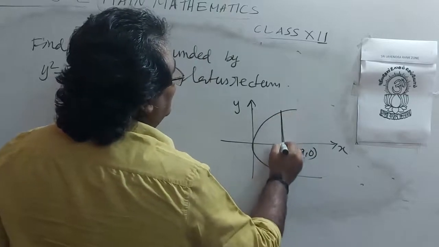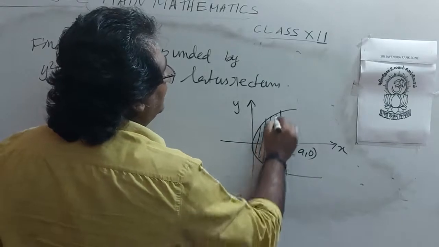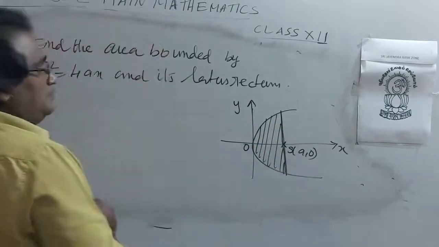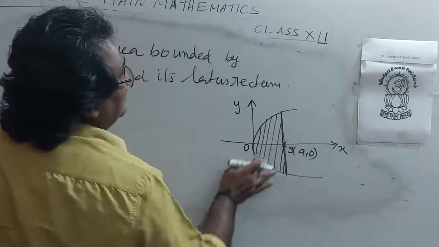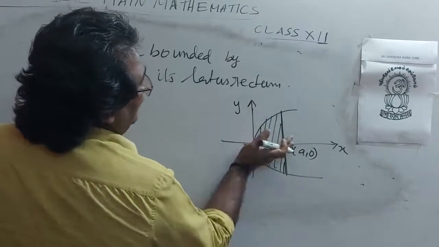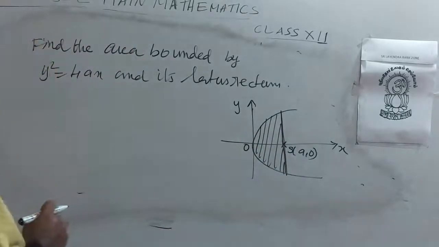This is the latus rectum. We want the area of this portion. It is symmetric about the x-axis, so the portion above the x-axis has the same area as the portion below the x-axis.